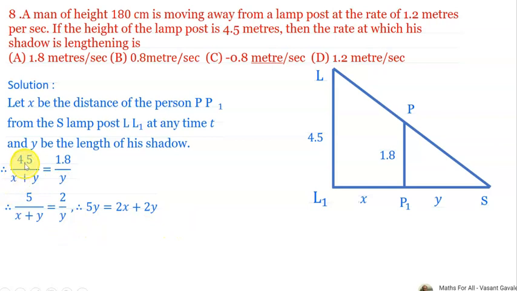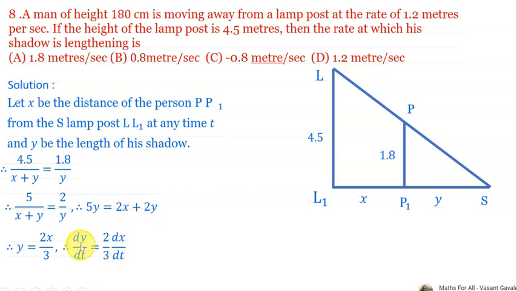And after simplification, you will have 5 upon x plus y is equal to 2 upon y. And therefore, 5y is equal to 2x plus 2y. And after simplification, you will have 3y is equal to 2x. Therefore, y is equal to 2 by 3 into x.